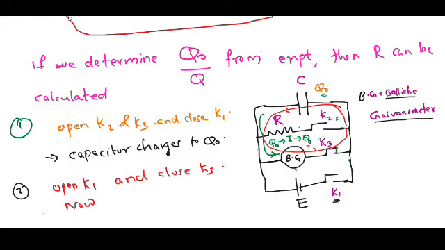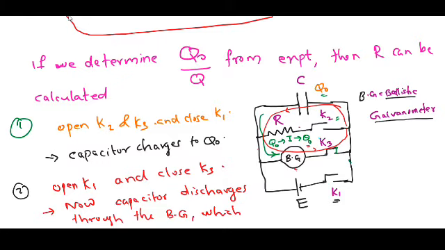Now the capacitor discharges through the ballistic galvanometer, which records a throw.